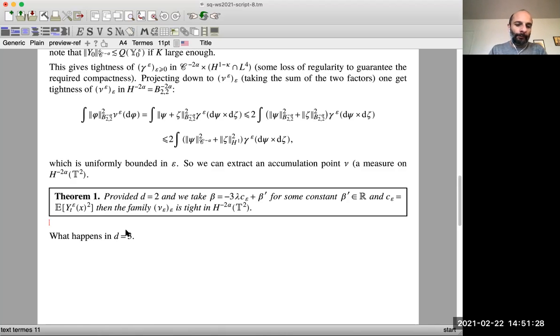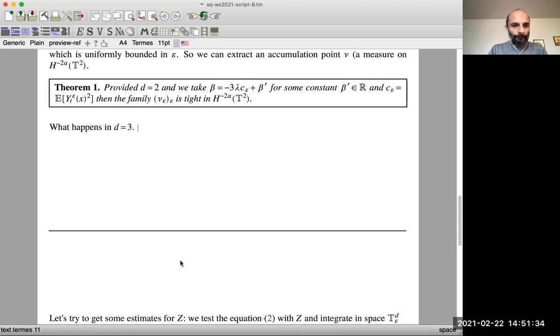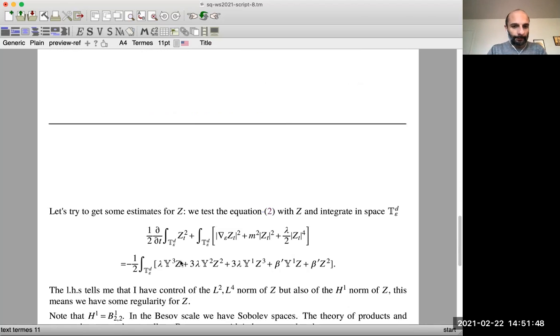What we have to do. So 3-dimension is more difficult. Let us go back to the a priori estimates. Let me see how they look.